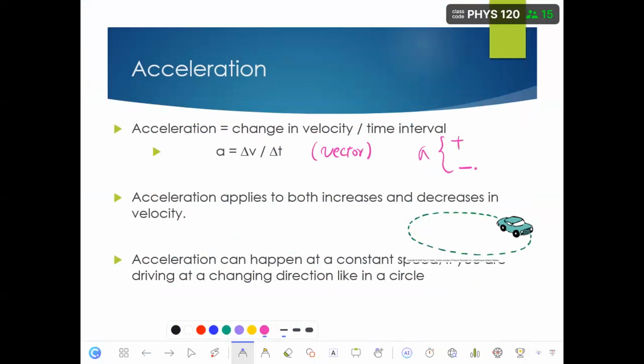But we have an example of a car or particle moving with constant velocity, but its acceleration is not zero. Can anyone say what kind of motion moves with constant velocity, but its acceleration is not zero? Circle. Why is the acceleration not zero? The velocity is constant. Why is acceleration not zero?